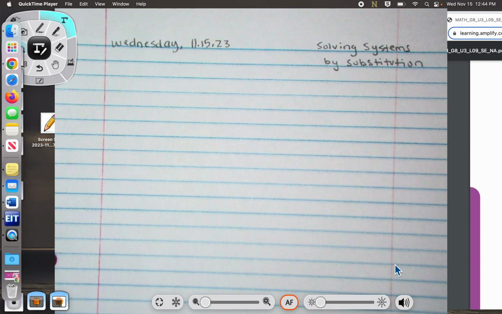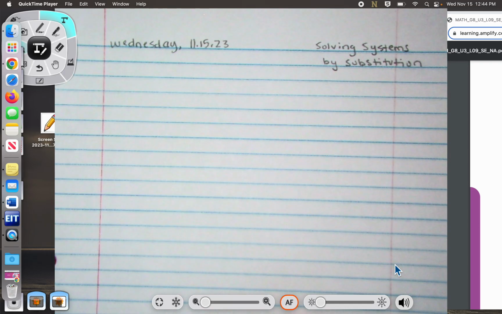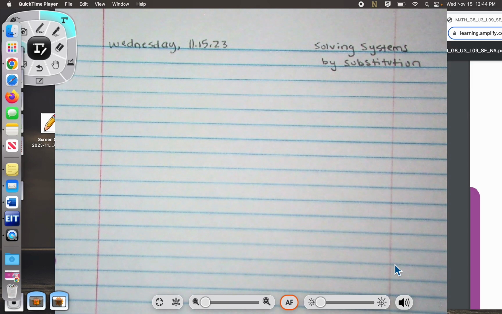Life-changing. So what we're doing today is we are talking about how to solve a system. Remember, a system is two equations where we're trying to find where they would intersect on a graph. So we have the same goal that we had when we were doing graphing.